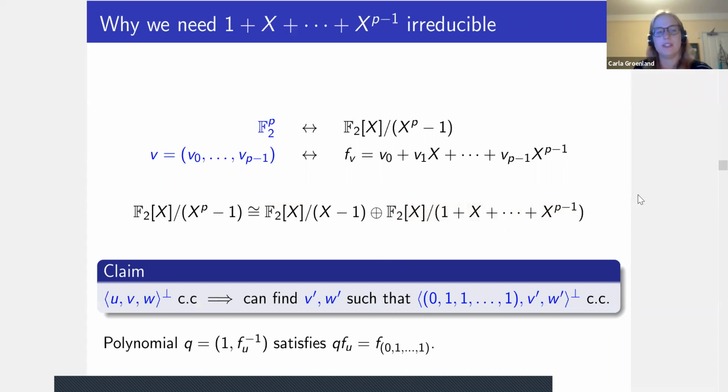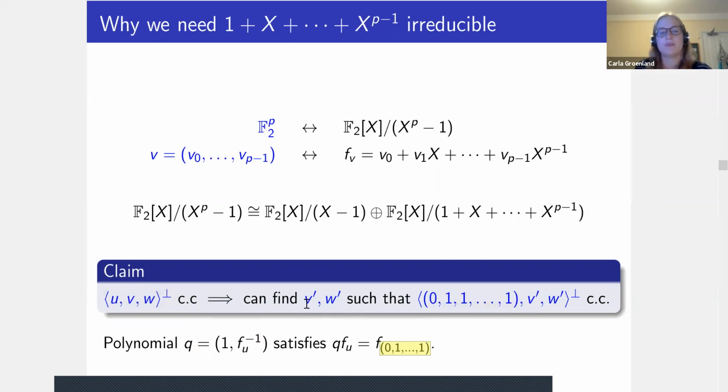So the claim that we use it for is that if we know that h2 of p is at least 3, so it isn't smaller than 2, then we can assume that we have found some kind of cyclically covering subspace, and now we want to assume that one of them takes a certain form. So we want to assume that one of them is of the form 0 and then all ones. What we do now to get this is that we take the polynomial corresponding to u, and we find some polynomial which multiplies it to the polynomial of the 0 or 1s vector.